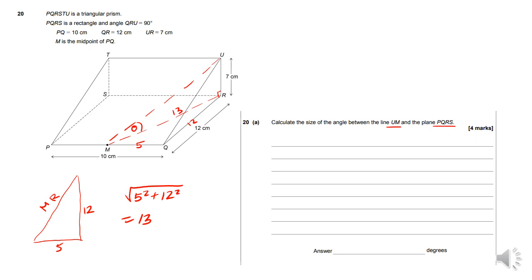So I know that's 13 now. And then I've got the angle in the middle, I've got the opposite, and I've got the adjacent. So it's just a matter of doing tan to the -1 of opposite over adjacent and seeing what I get. So shift tan of 7 divided by 13 is 28.